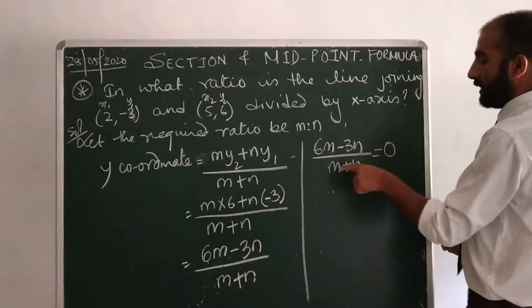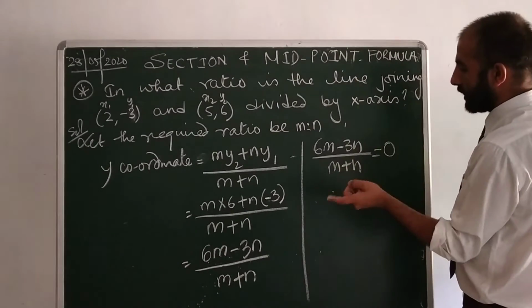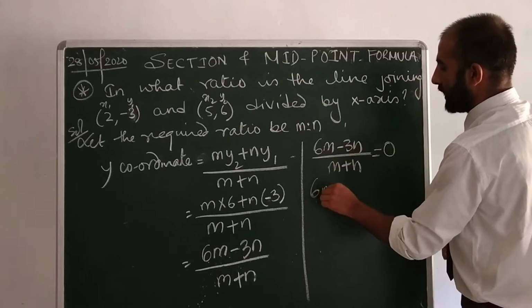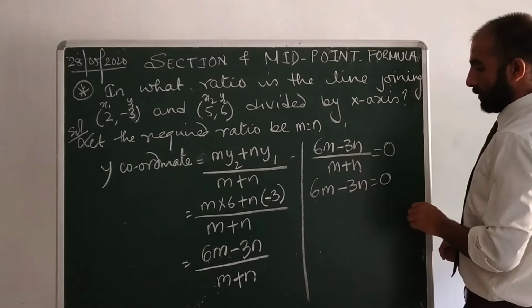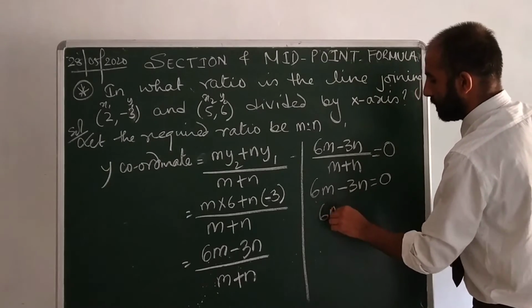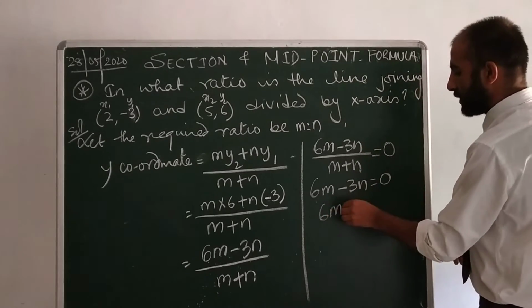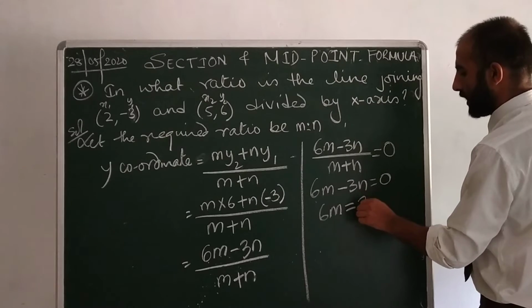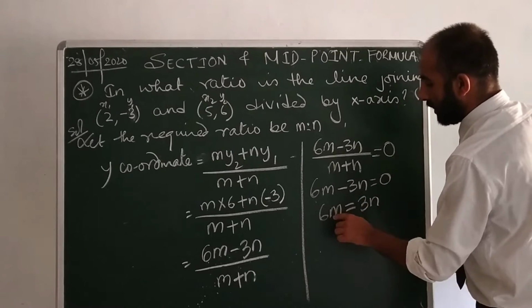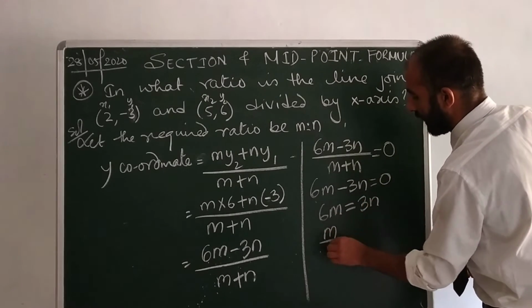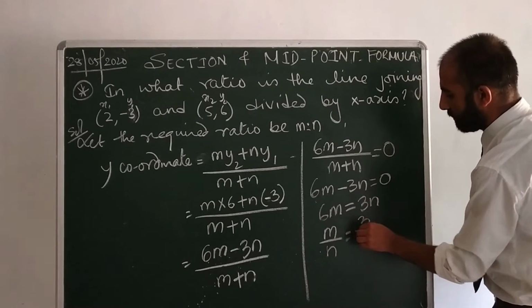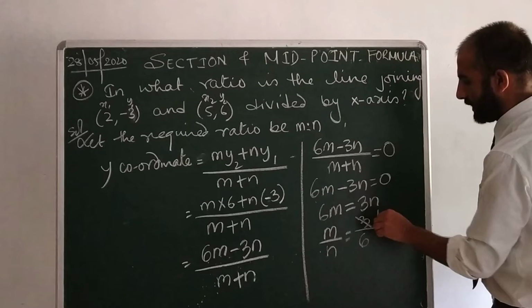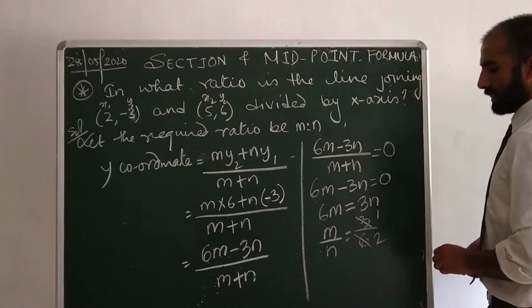Cross multiply, m plus n into 0 will give you 0. So 6m minus 3n equals 0. I'll take this 3n to the other side, so it will become positive 3n. So I will keep m by n out here, then I'll take this 6 to the other side, 3 by 6. 3 ones are 3, 3 twos are 6.